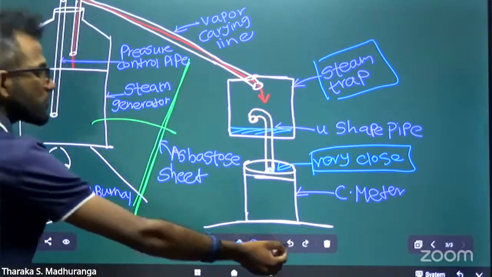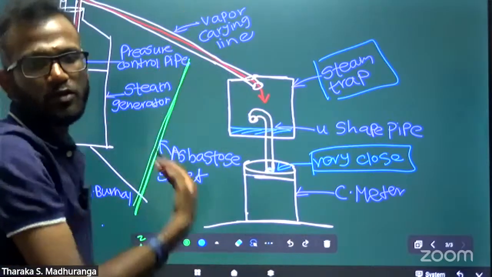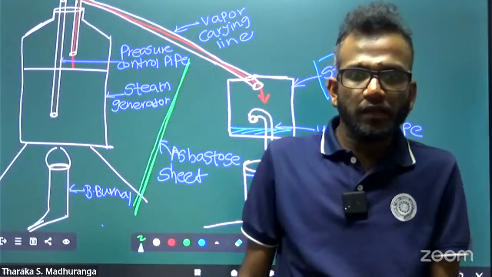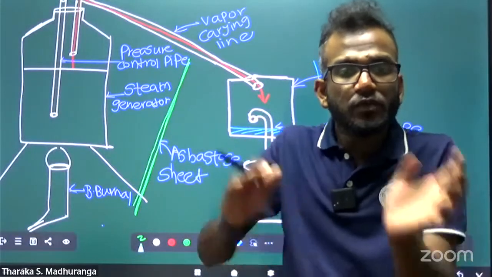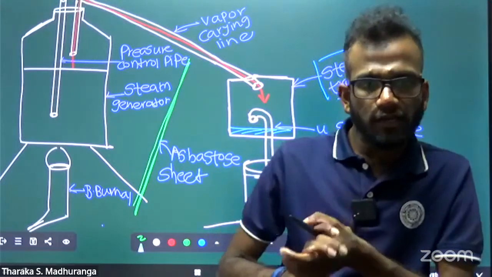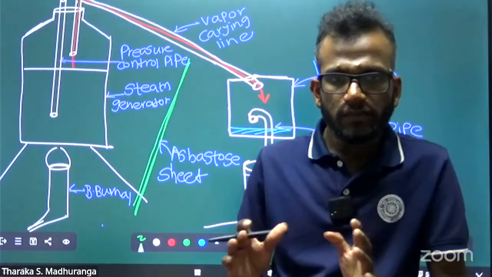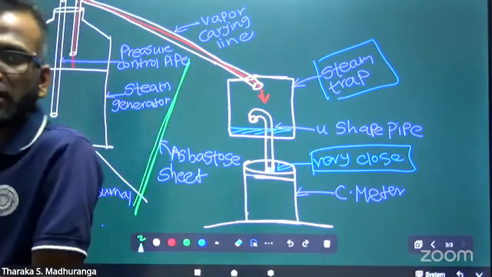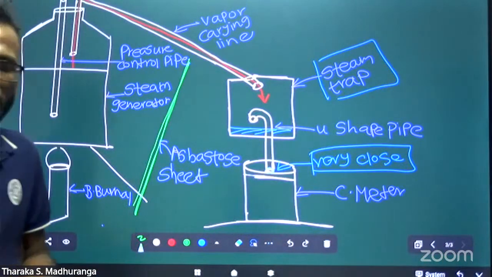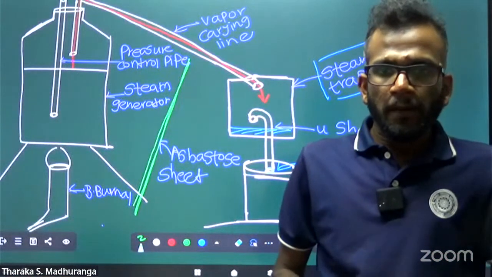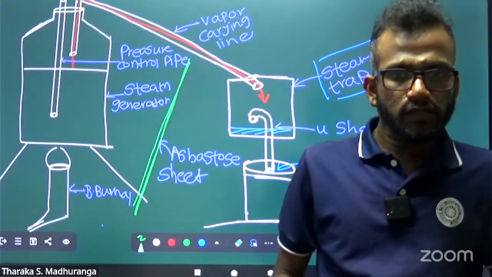Therefore we need to use the asbestos sheet to avoid heat transfer to the calorimeter from the steam generation. Understood? To avoid heat transfer to the right side into the calorimeter.